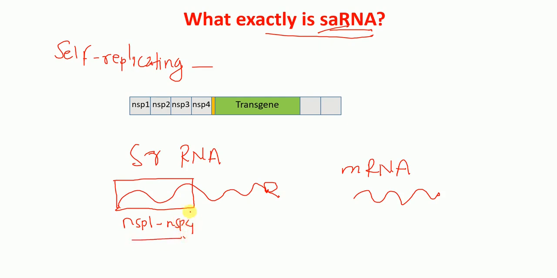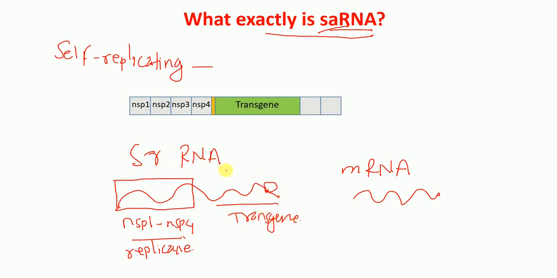So these are the sequences from the alpha viruses that form the replicase, or replication machinery. And this replicase actually helps in the replication of our transgene, our gene of interest.